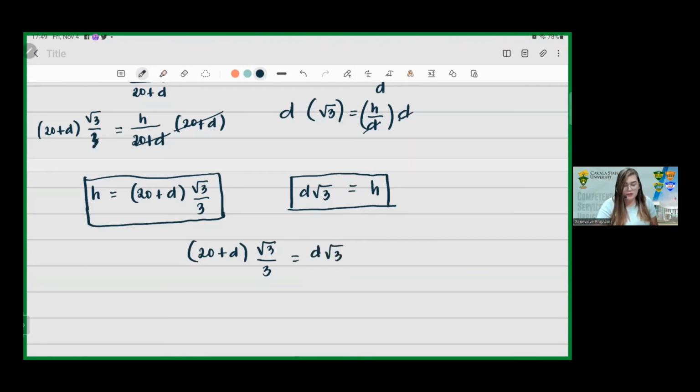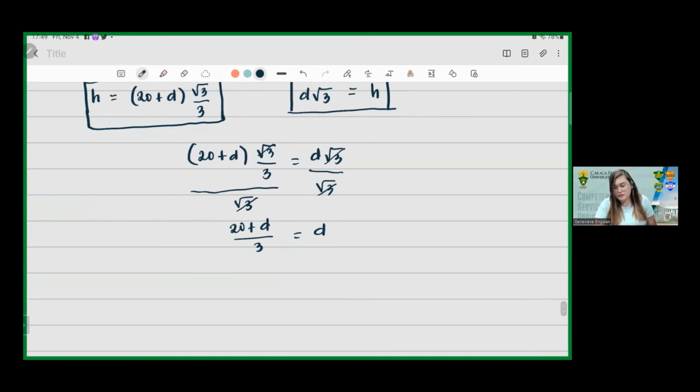Divide both sides by square root of 3, so it cancels. What remains is 20 plus D over 3 is equal to D.